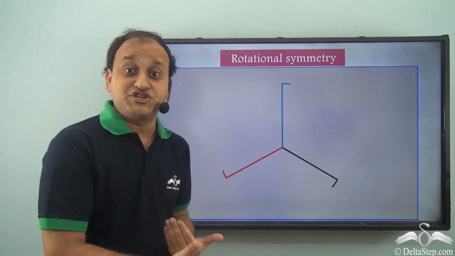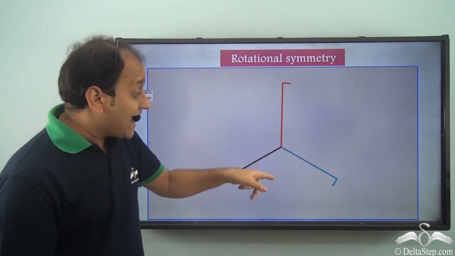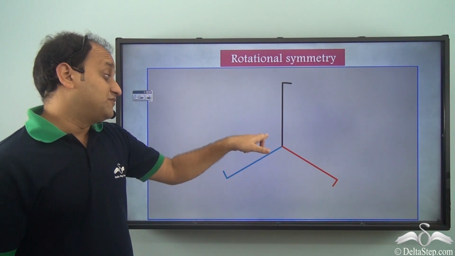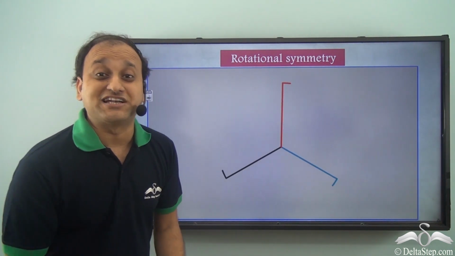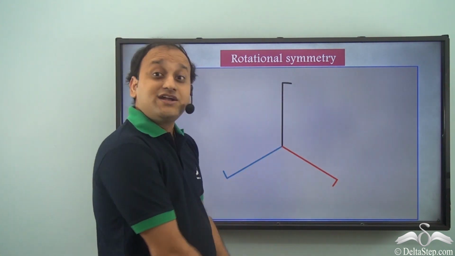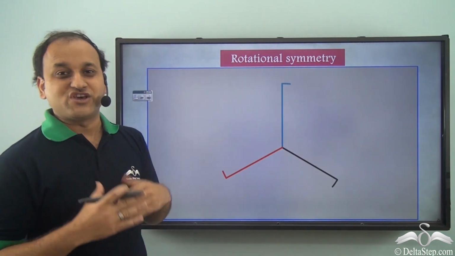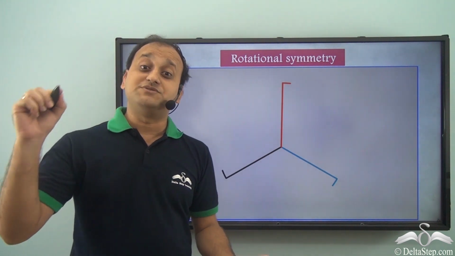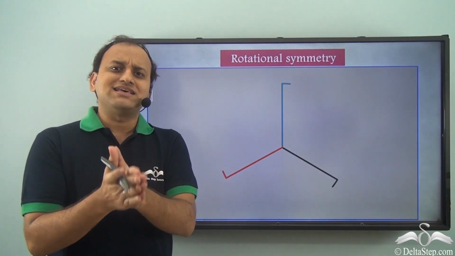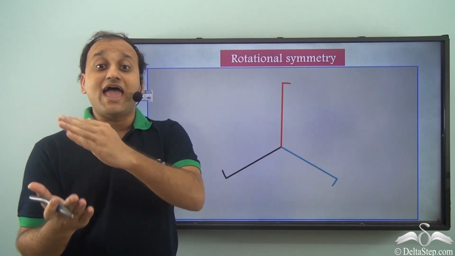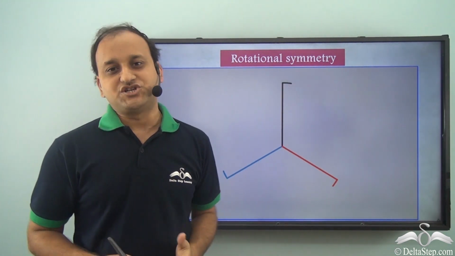You cannot really differentiate between its previous position and the next position due to rotation. And this is a special type of symmetry. We call it rotational symmetry. So every time you rotate a particular object at a particular angle, you find that the object looks exactly the same as it was in the previous position.